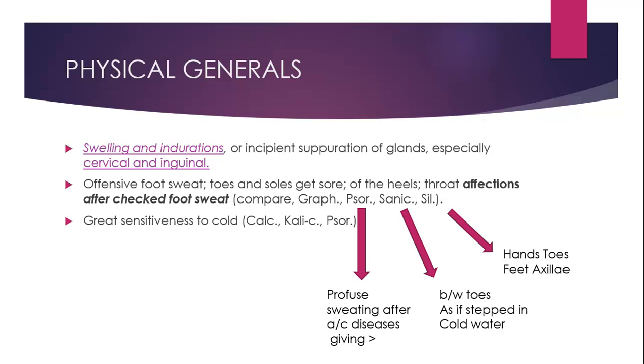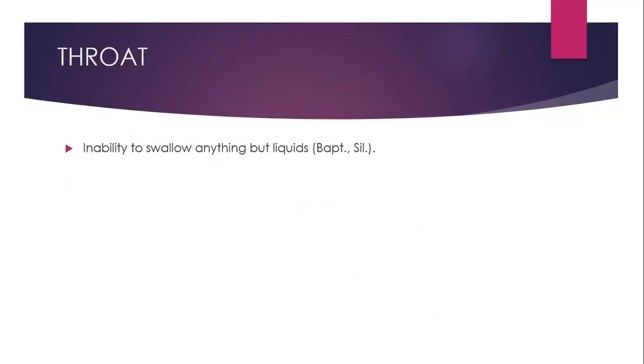Okay, all places sweat. In Graphites there is nothing much written, it's just offensive foot sweat, that's why I have not mentioned anything. In throat there is inability to swallow anything but liquids, which we have already discussed in the Baryta chapter.